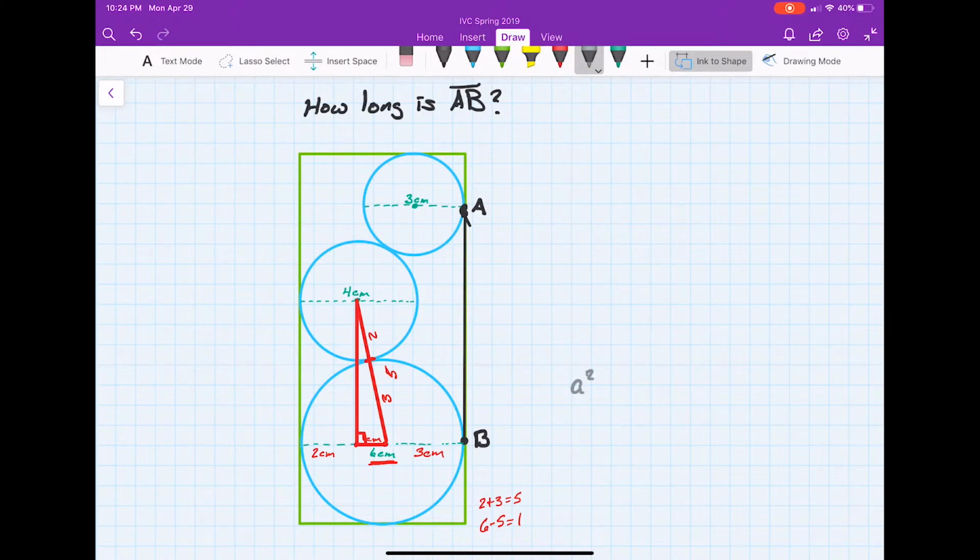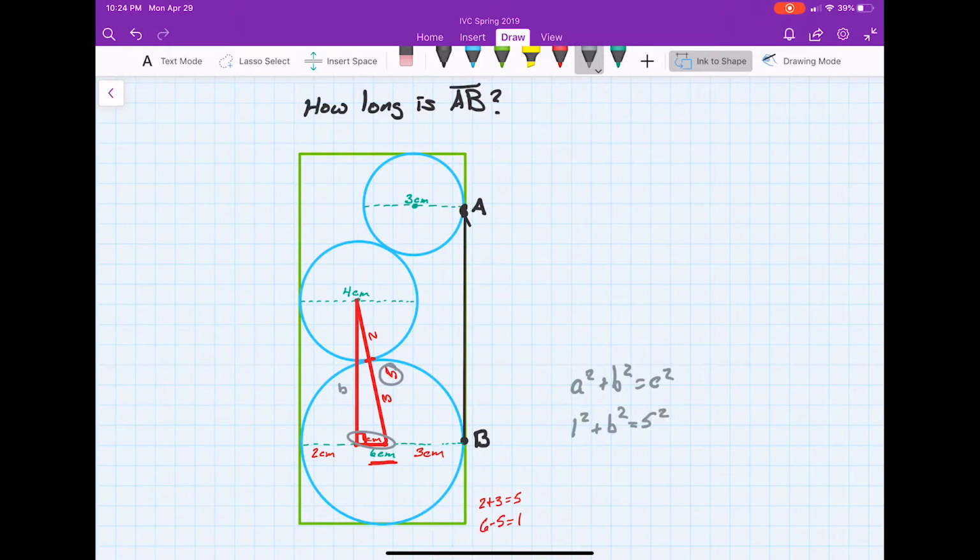So Pythagorean theorem is a squared plus b squared is equal to c squared. And we know two of these components. So we know the 1 centimeter, so 1 squared plus b squared is equal to 5 squared, because I know that this is 5 here.